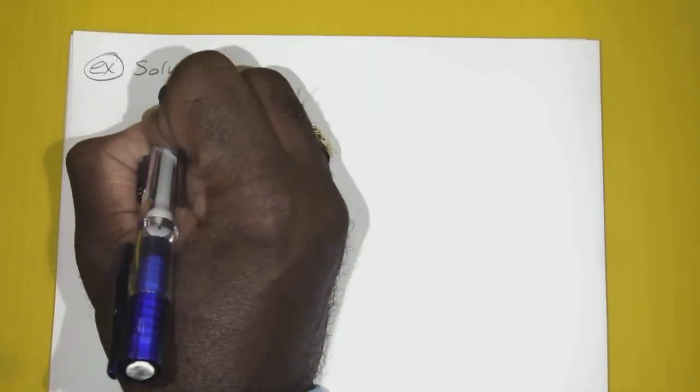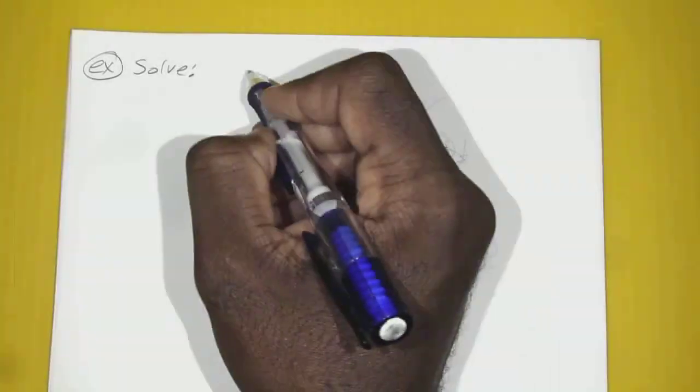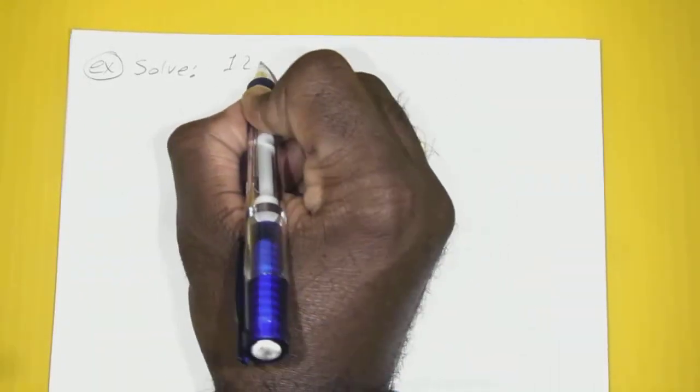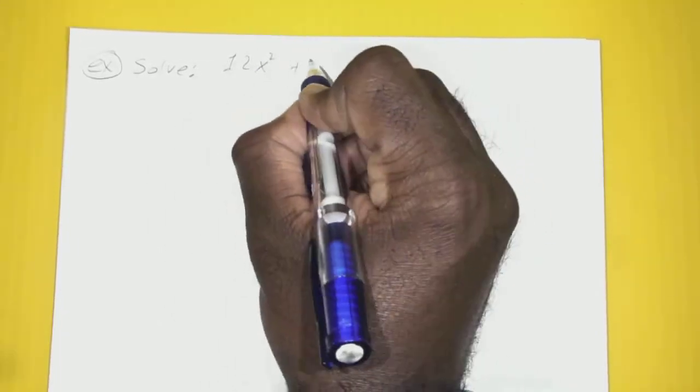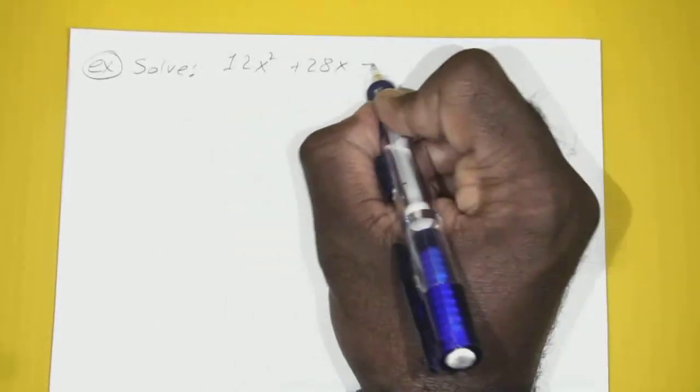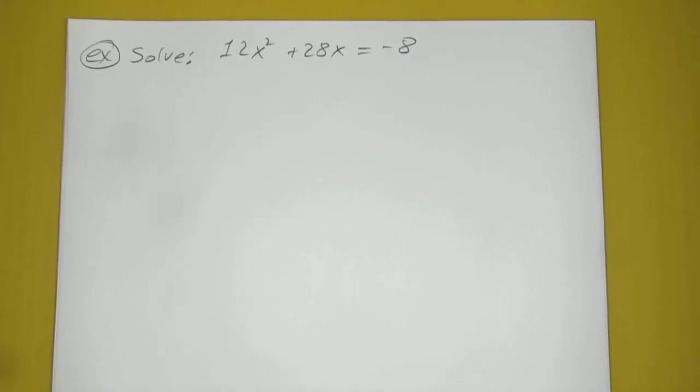Okay, so what if we wanted to solve 12x squared plus 28x equals negative 8?